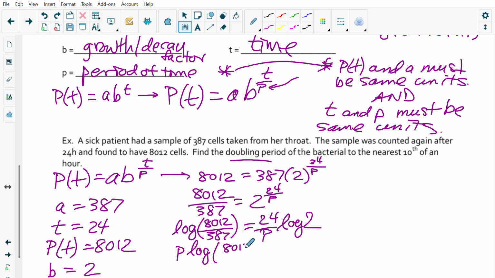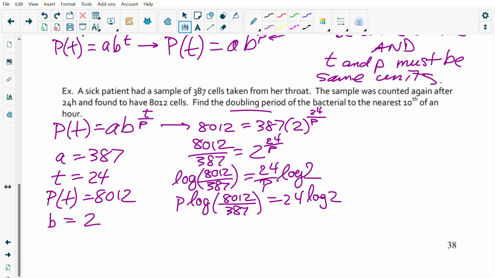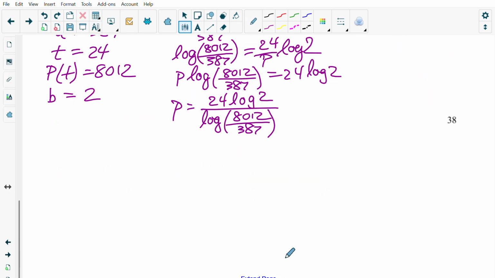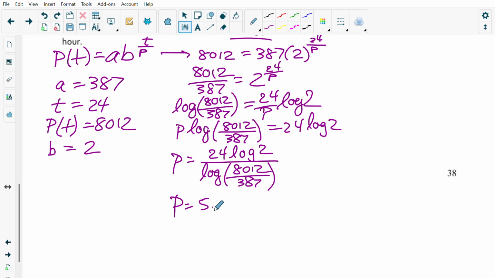And let's solve. I'm going to simplify some more. Okay, solving for P. Okay, and I get a P value of 5.5 hours.